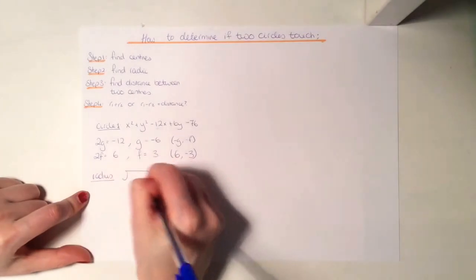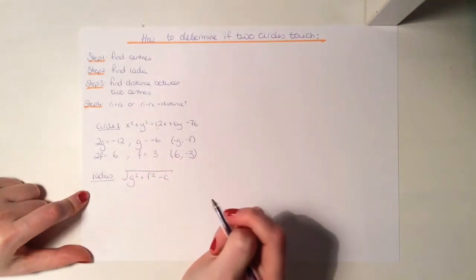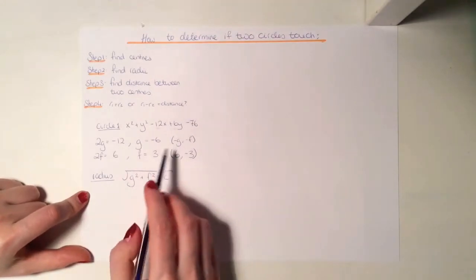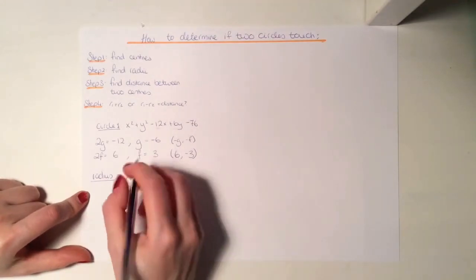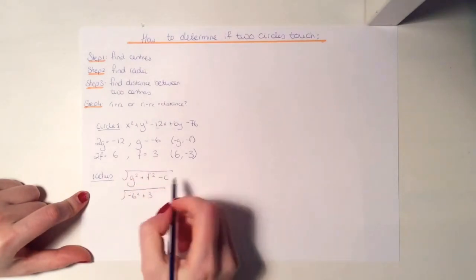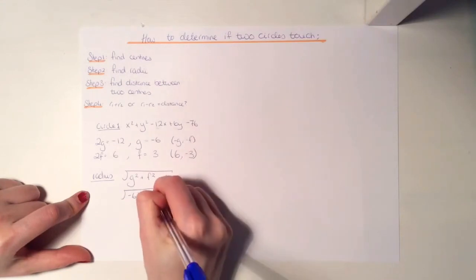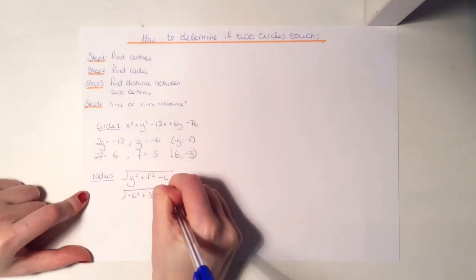Okay, so that comes with the formula the square root of g squared plus f squared minus c. So g is minus 6, f is 3. And our c is your constant from your equation, so minus 76.